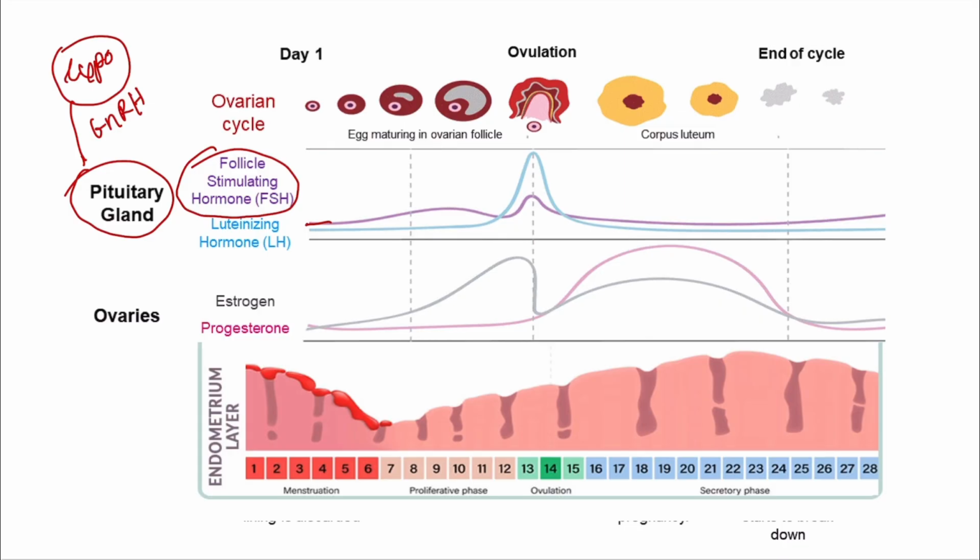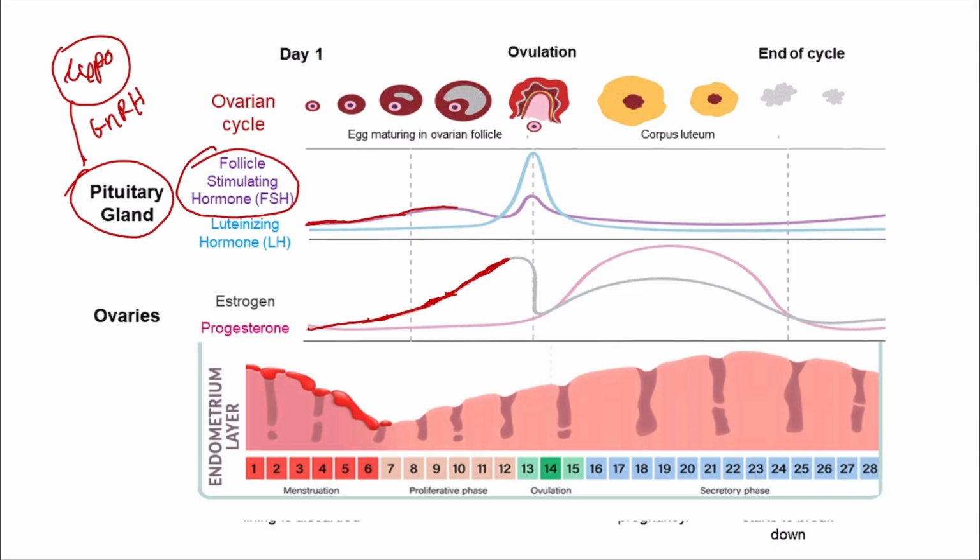Here you will see this. Estrogen also starts to increase, because in the follicular phase FSH grows the follicle. The follicle in the ovary produces estrogen, so estrogen slightly increases. Before ovulation, the estrogen is increasing significantly.